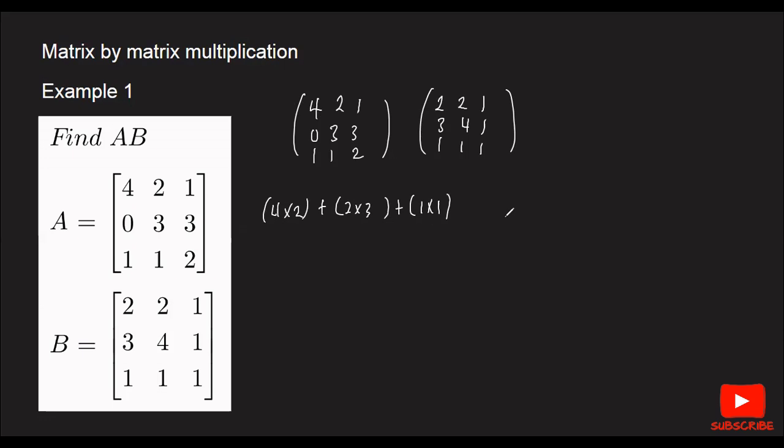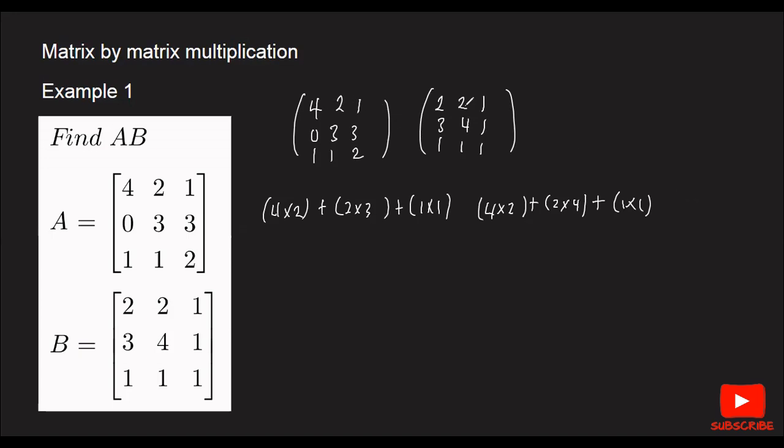The next entry we are going to compute will be the row 1, column 2 position. So we use this row 1 to multiply the second column here. So we have 4 times 2 plus 2 times 4 plus 1 times 1. That would be for row 1, column 2. Then for the third part, because there's no space, I'll just do the multiplication.